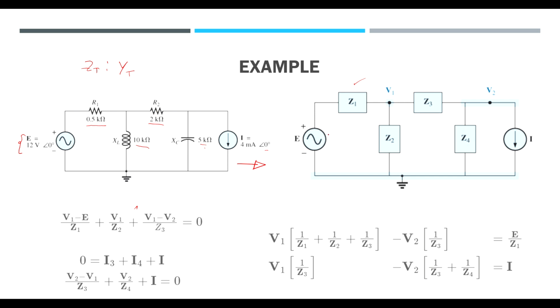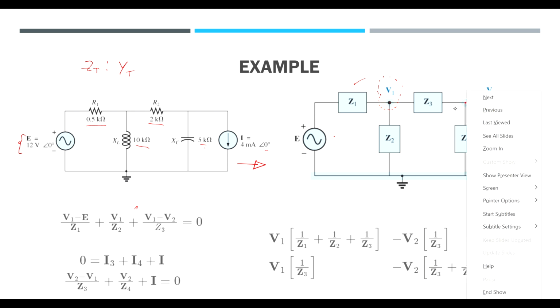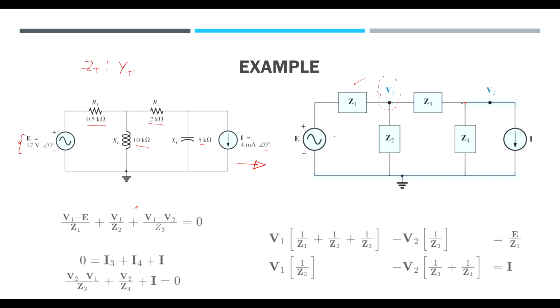So we have the voltage source, the current source, and the value of the impedance everywhere through the circuit. Now the next thing we need to do is find the points where we can find our voltages from the nodal analysis. Notice that this point right here has all three loads converging, and this point right here has the source and these two loads converging.